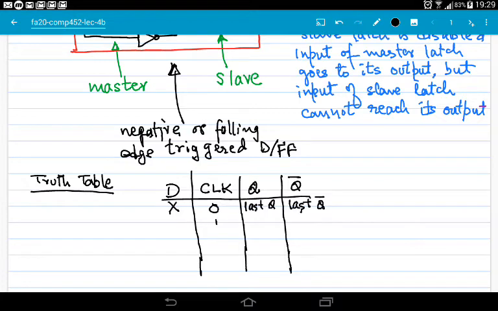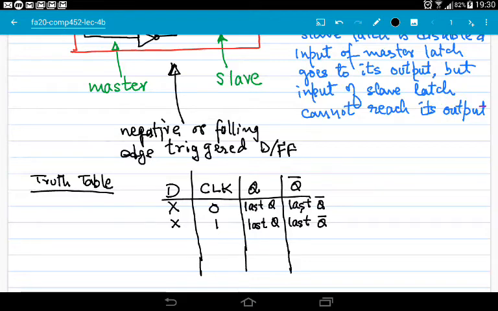When CLK is 1, it doesn't matter what D input is, whatever we had at Q will remain there and whatever we had at Q bar will remain there. Okay? Alright.